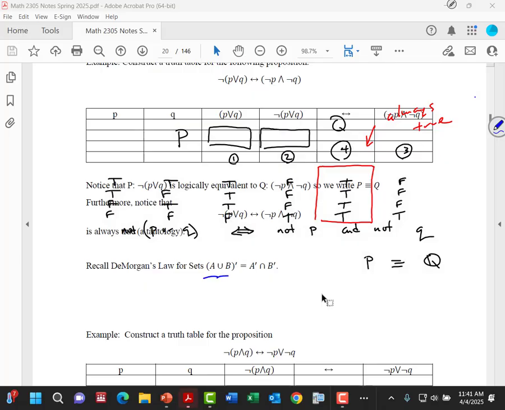What is this saying? This is saying not A or B is equivalent to not A and not B. Well, that's exactly what we just saw with this previous example, simply using P's and Q's.